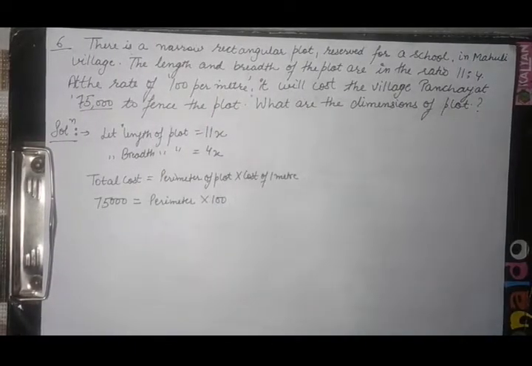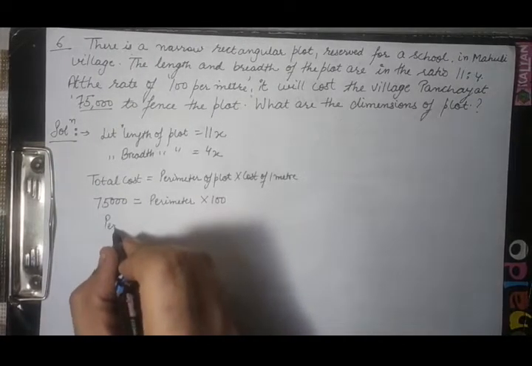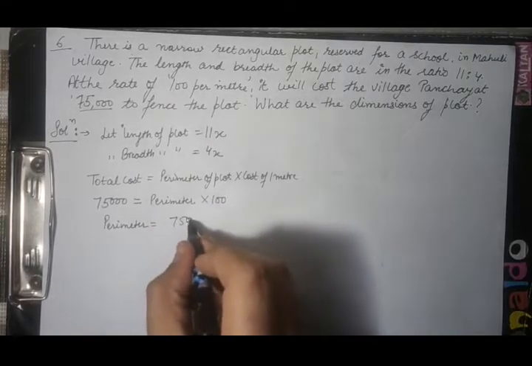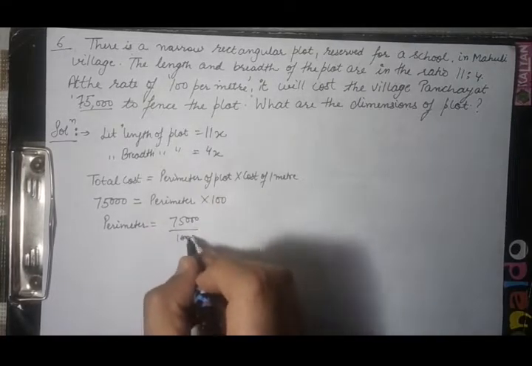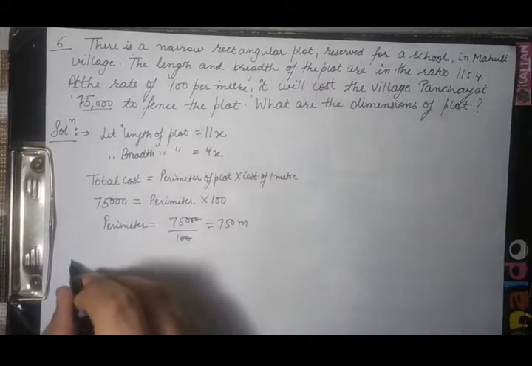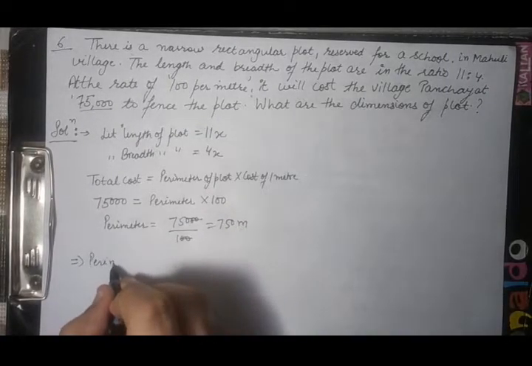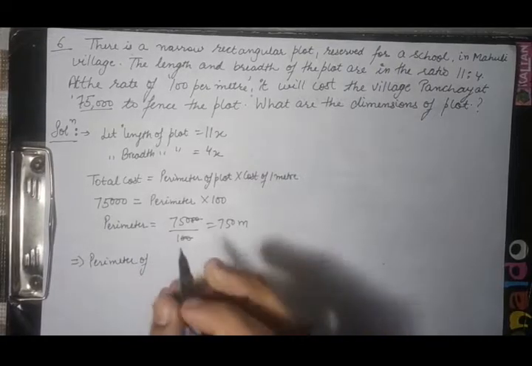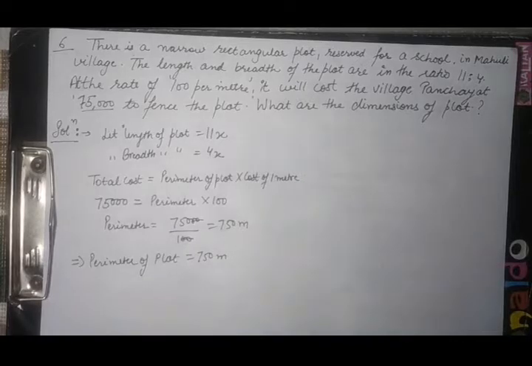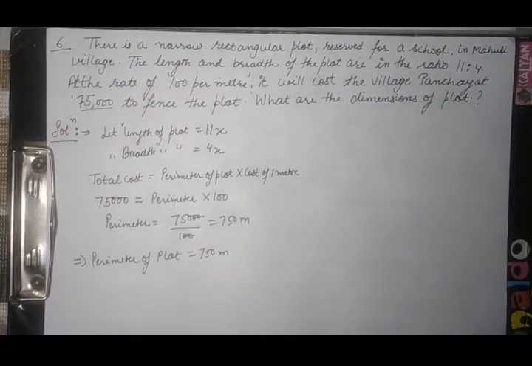So 75,000 equal to perimeter into 100. To find the perimeter, this 100 will go to the denominator, 2 zeros will cancel out, which will be equal to 750 meter. Therefore the perimeter of the plot is 750 meter.